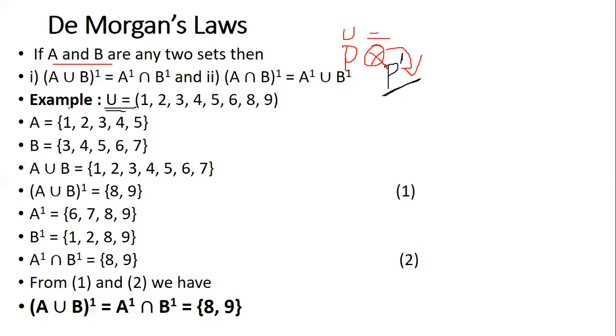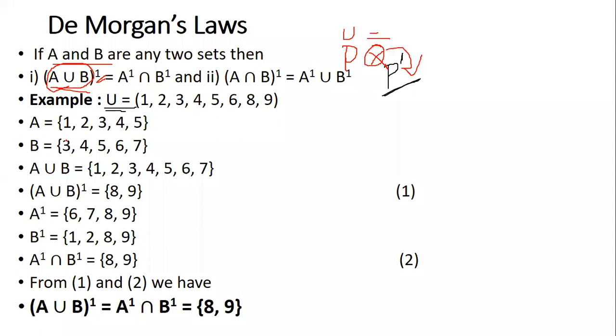When it comes to A union B complement, all those elements except A union B, whatever is remaining, will come under A union B complement.